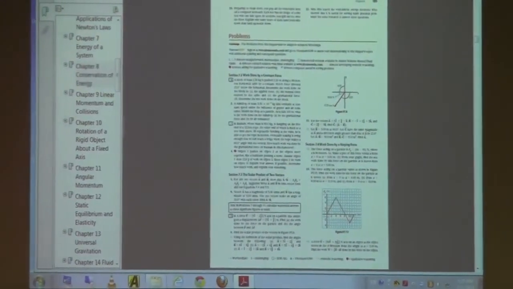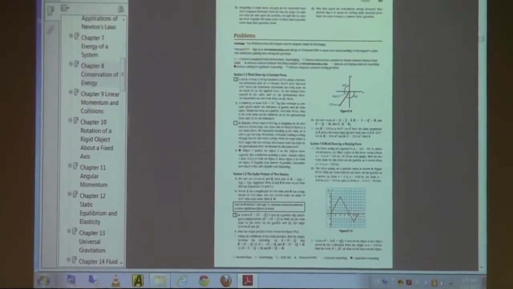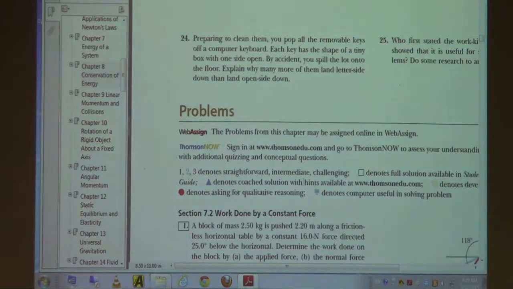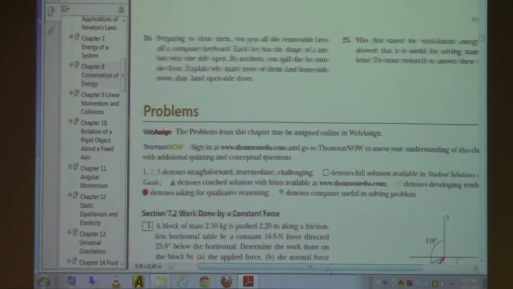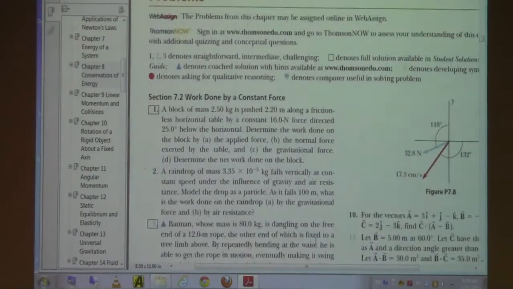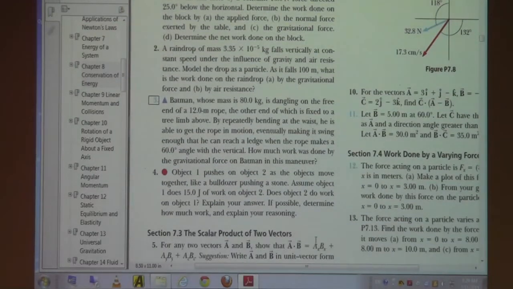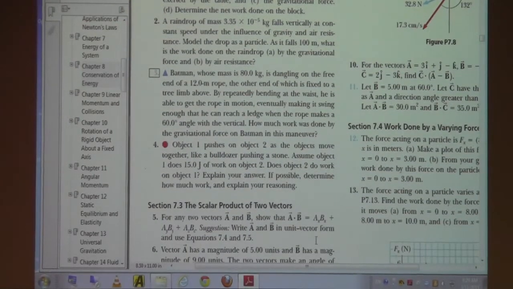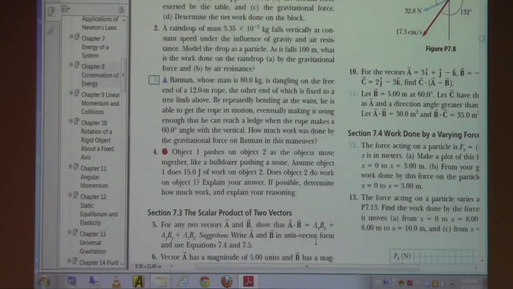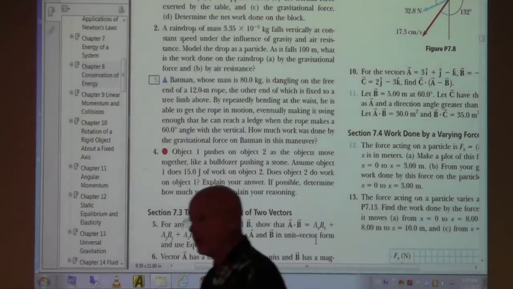So let me go to chapter 7 first. And I think we will be able to complete all the examples from chapter 7.